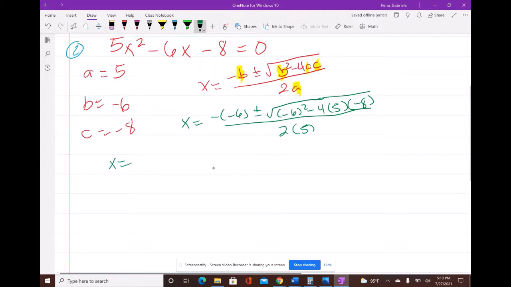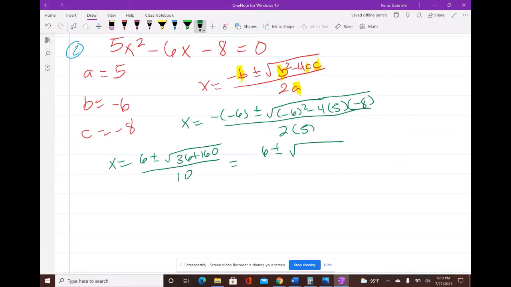So negative negative becomes a positive 6. Negative 6 squared is 36. 4 times 5 is 20. Times 8 is a positive 160, over 10. 6 plus minus the square root of 196 over 10. 6 plus minus 14 over 10.